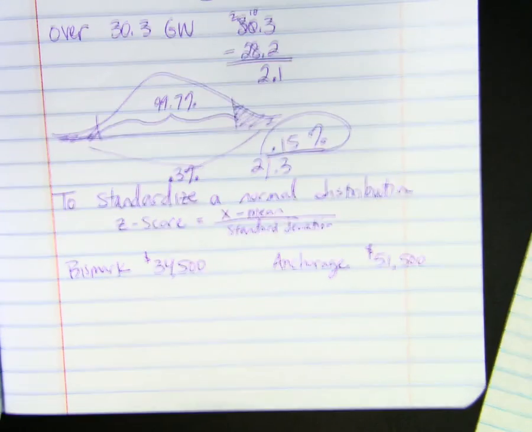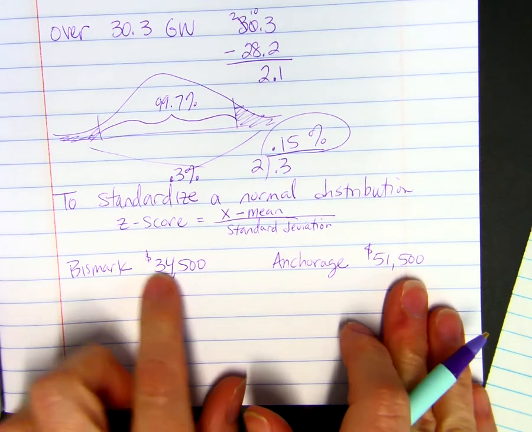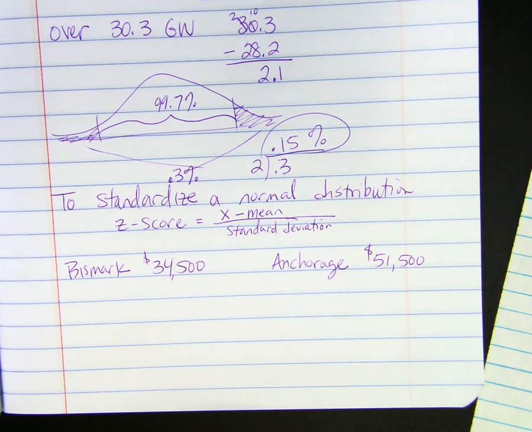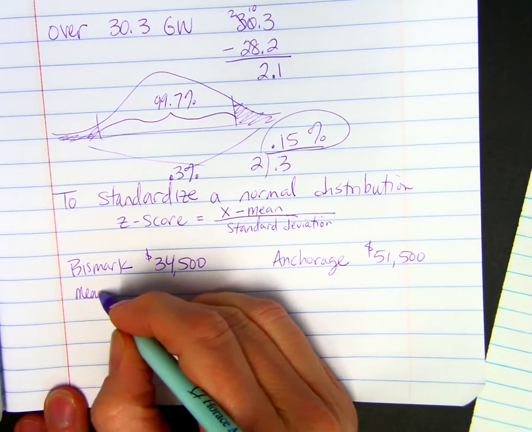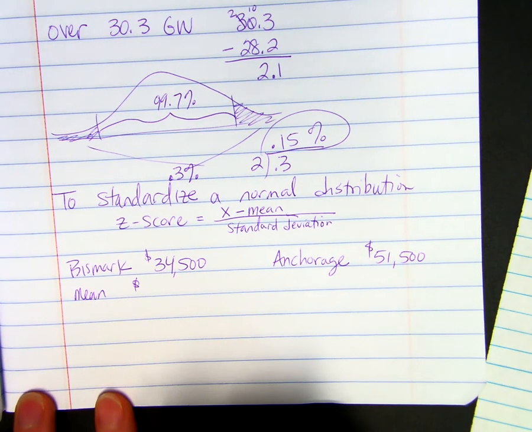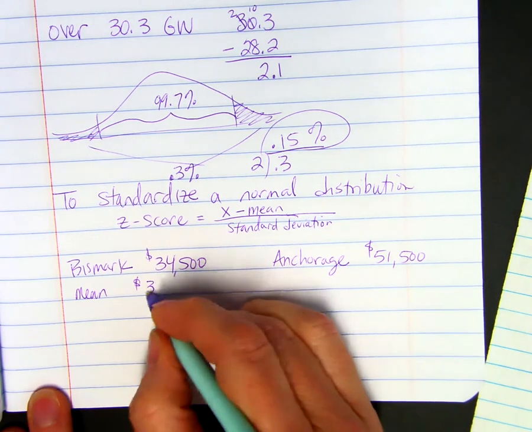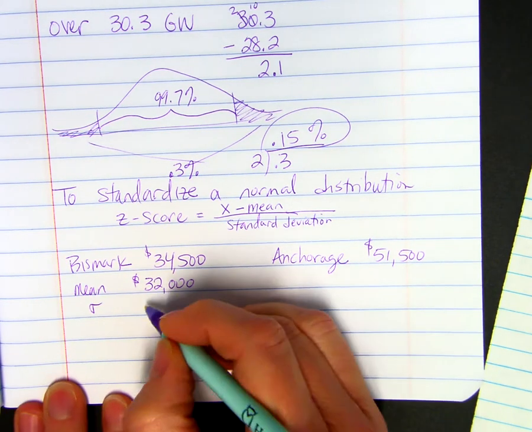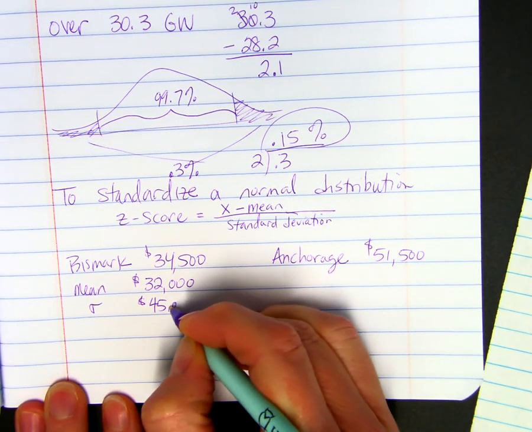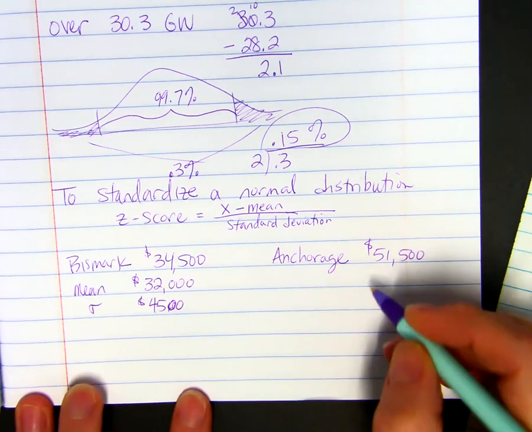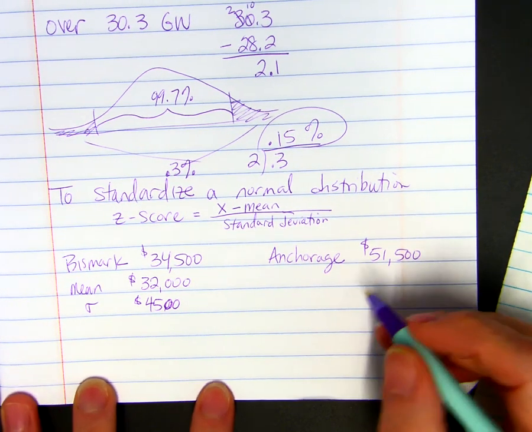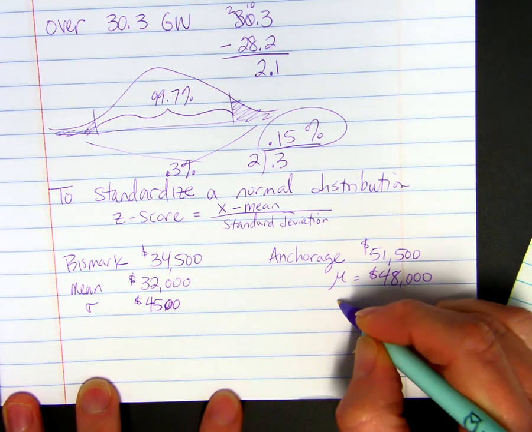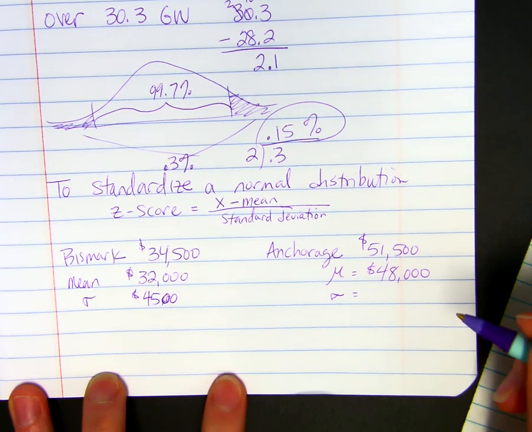Now, you don't look at the actual salaries. What you do is you look at the mean income. The mean income in Bismarck is about $32,000 with a standard deviation of $4,500. In Anchorage, the mean income is $48,000 with a standard deviation of $7,000.